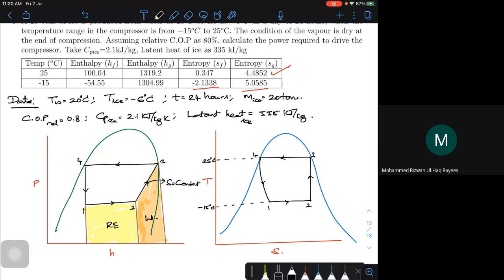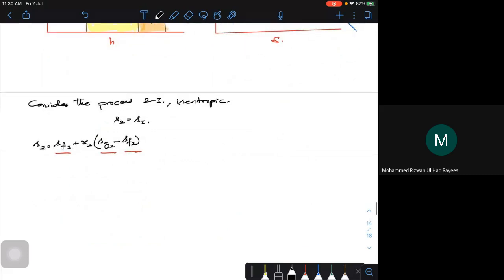So that's what I'm going to do. If I substitute here, S2 is equal to minus 2.1338 plus X2 into (5.0585 minus of minus 2.1338). Okay, close the bracket.